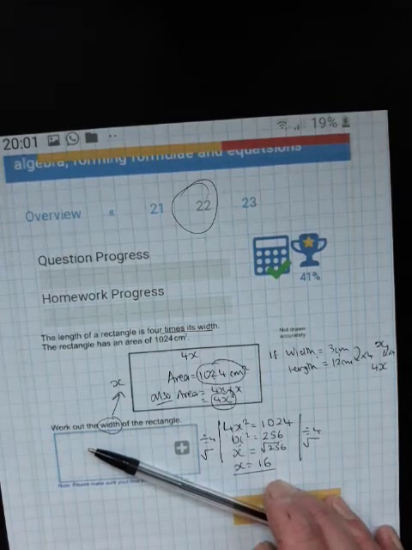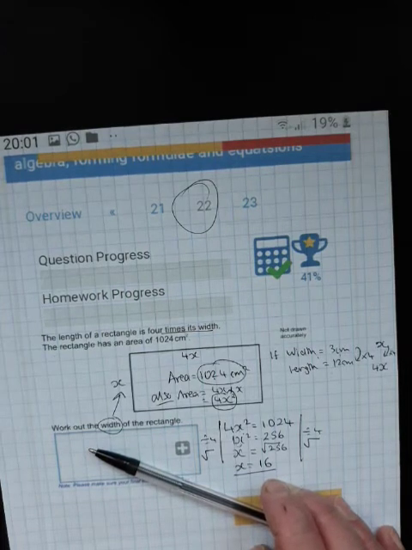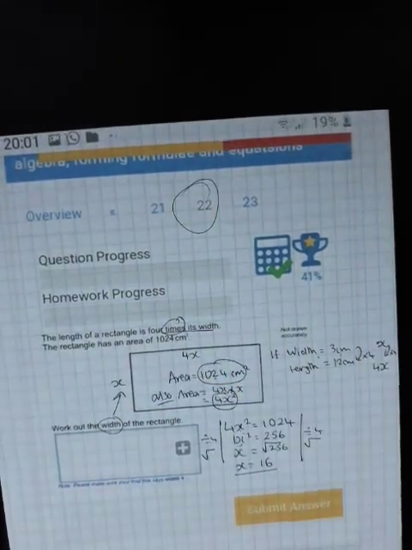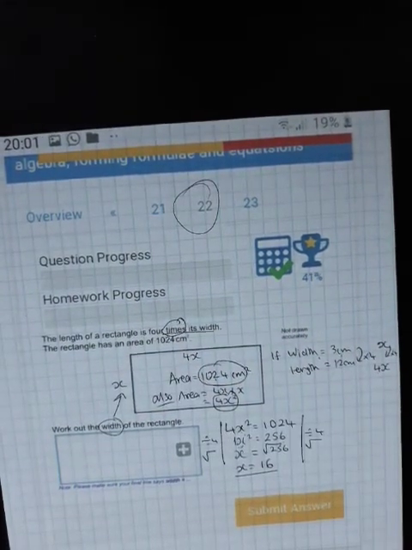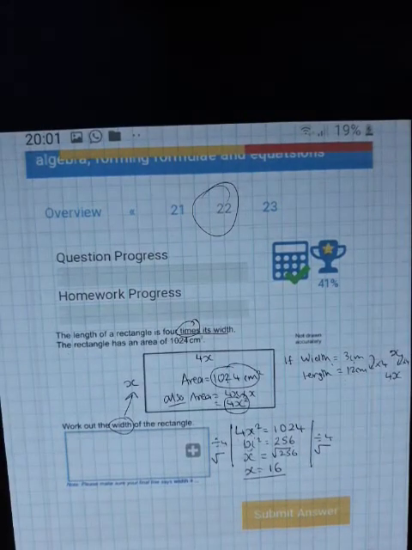If the width is half the length, again, you have x for the width, 2x for the length, and so on. The clue is in the times there. Some questions say the rectangle is 4 metres longer than the width. Well, instead of being x times 4, that would be x plus 4. So you just have to look in the words for the clues here.